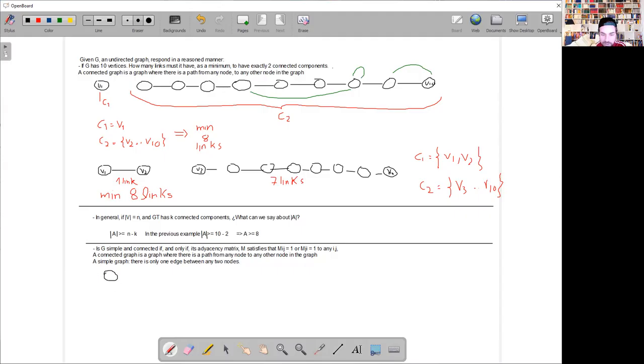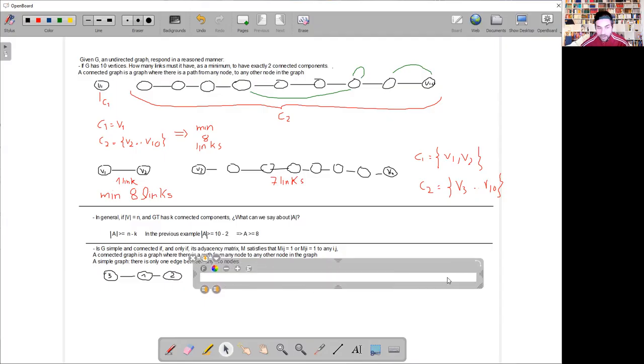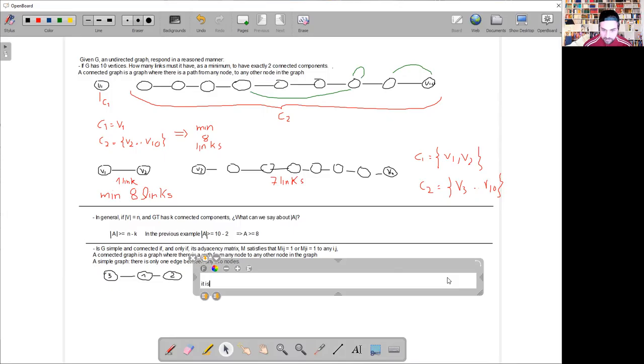If we have this graph, for instance, right, we can say that it is not true.